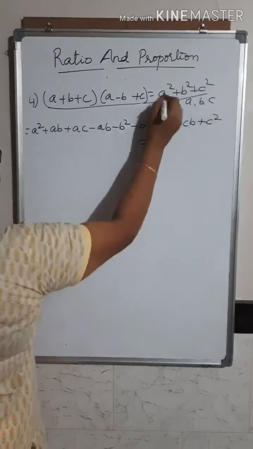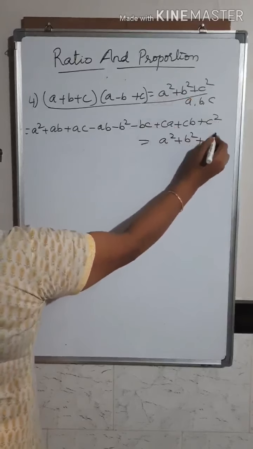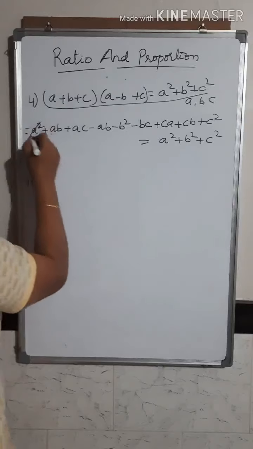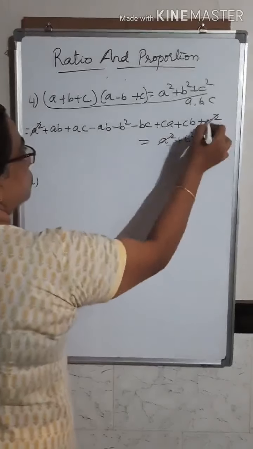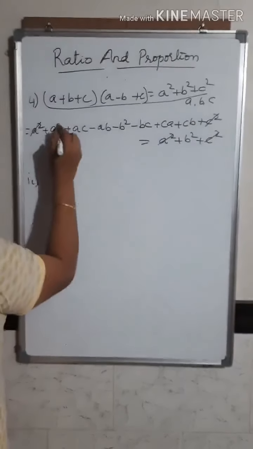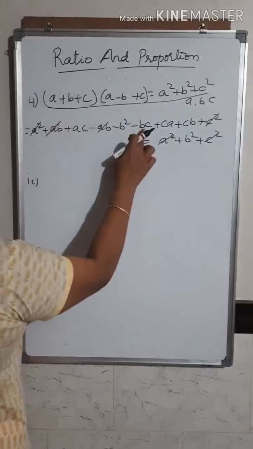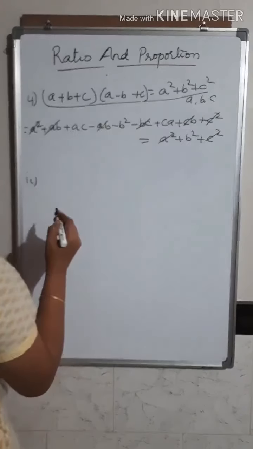So that is equal to, on the other side, A square plus B square plus C square. Now A square on both sides gets cancelled, C square on both sides gets cancelled, plus AB minus AB gets cancelled, plus BC minus BC gets cancelled.